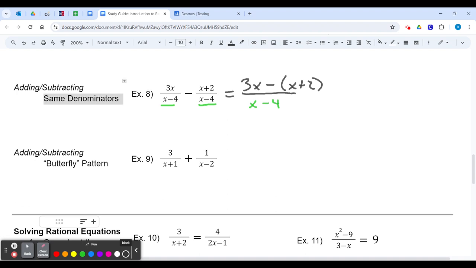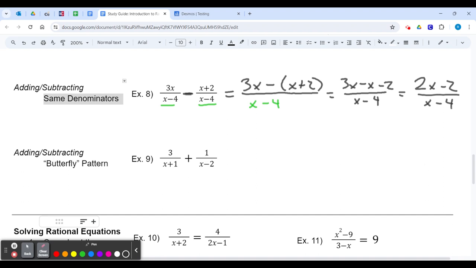And I threw this in parentheses because I want to make sure this minus sign is being taken into account. That would simplify it to 3x minus x minus 2 if we distributed that negative sign in over x plus 2. And so we would get 2x minus 2 over x minus 4 as our simplified version.